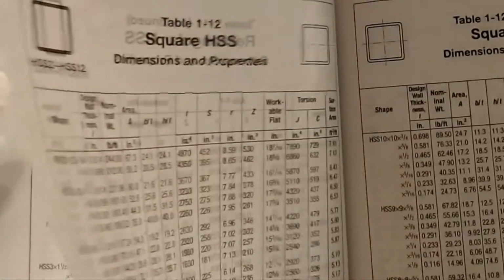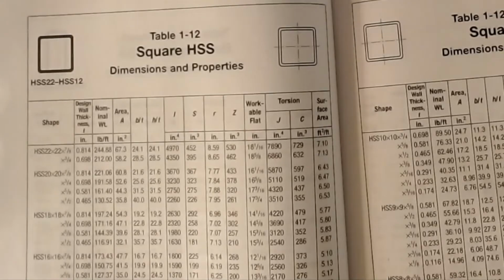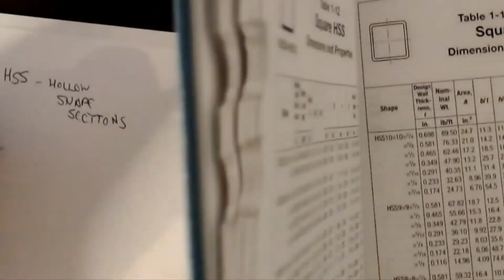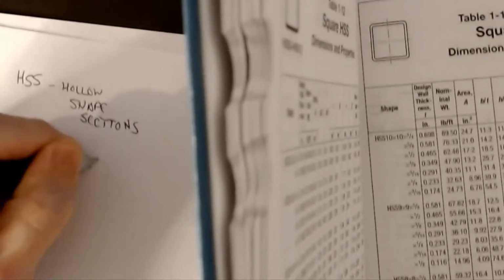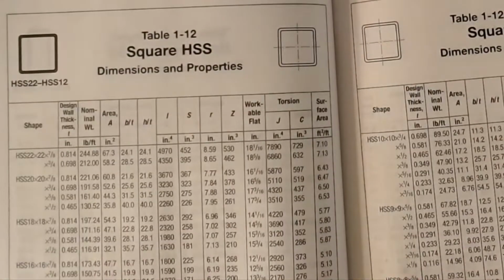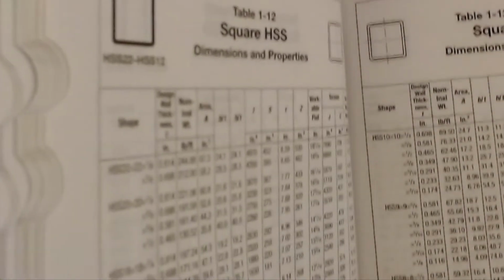Maybe we have a designator that is, let's find a good one, HSS 20 by 20 by, we'll do a half on this. This is designated just like we had with the angles.